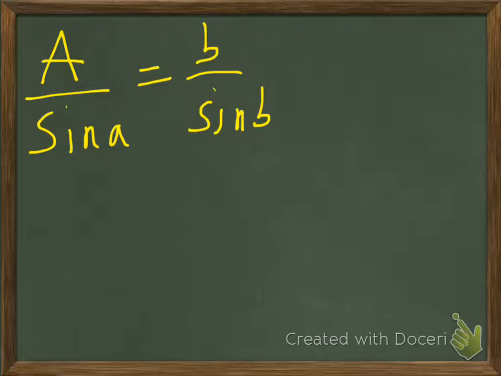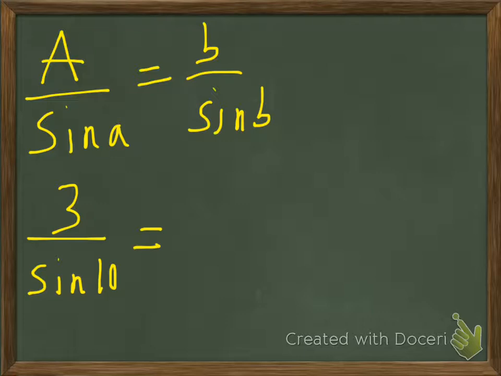So you were given in the original problem that the bottom is 3 miles, so a is equal to 3. So you put 3 over sine of 10, which is the angle that corresponds to a, is equal to b, which is x over sine of 14, which is the angle that corresponds to x.